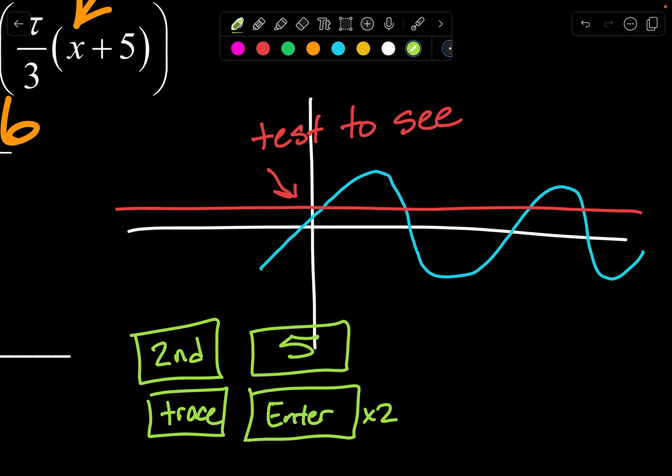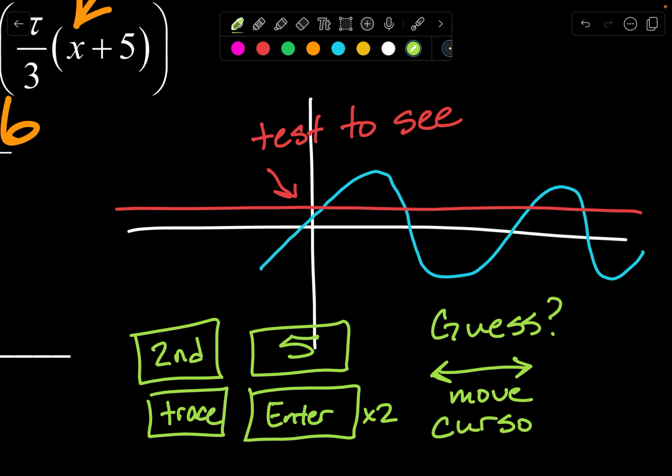When you get to this point, your screen will say, guess, question mark, and you need to use your arrow keys to bring your cursor to the location you want. So you want to move the cursor. And then at the very end, you want to hit enter one more time. And it should give you the X value.